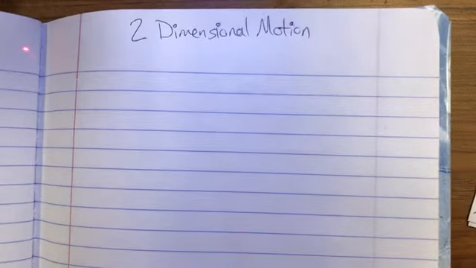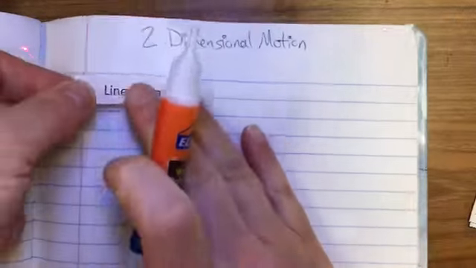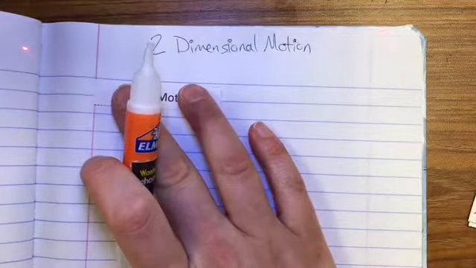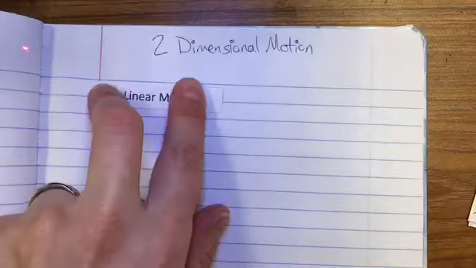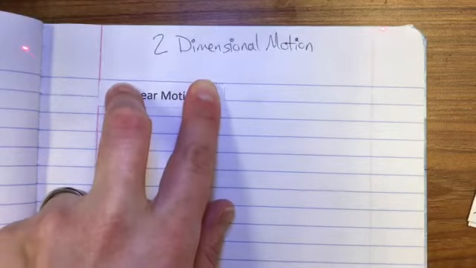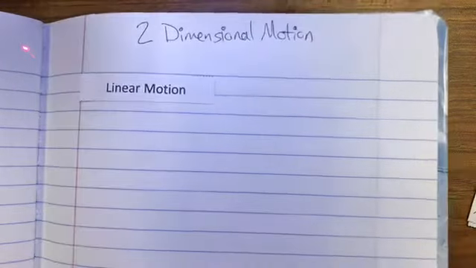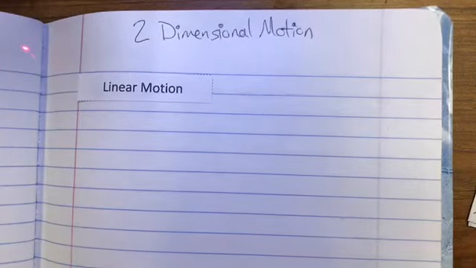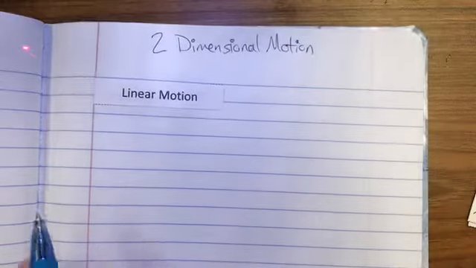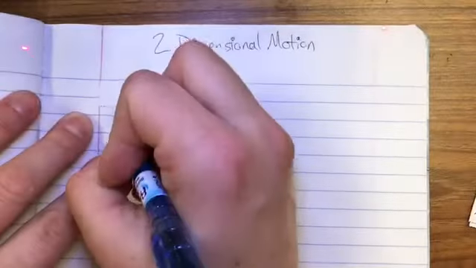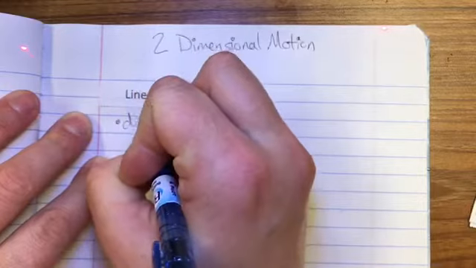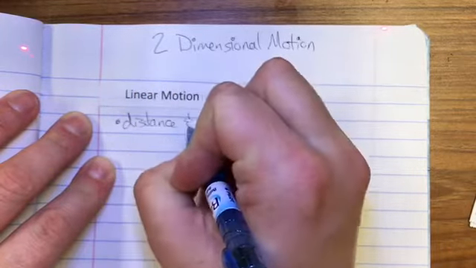All right, so far in my class, you have learned about linear motion. I've taught you quite a bit of vocabulary to work with. We have done distance and displacement.